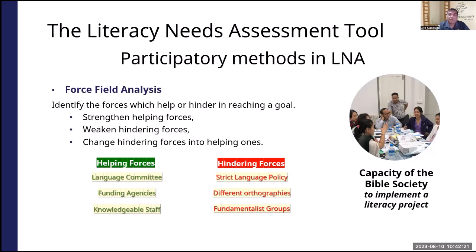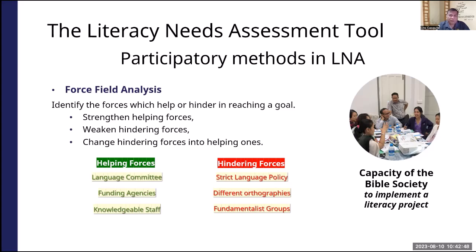So, for example, there's a strict language policy, which sometimes we encounter in some of our projects in Bible societies, and there are different orthographies available in that particular language. And of course, in some situations, there are fundamentalist groups that are really difficult to work with or a threat to our project.